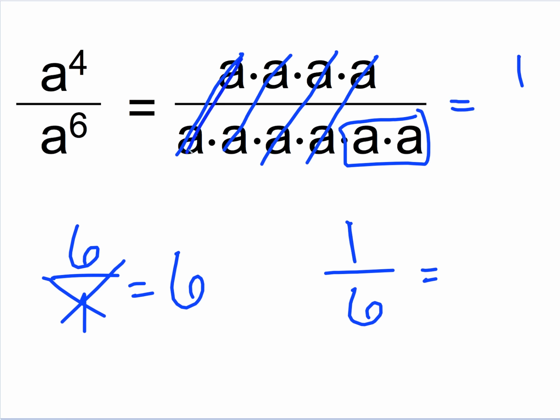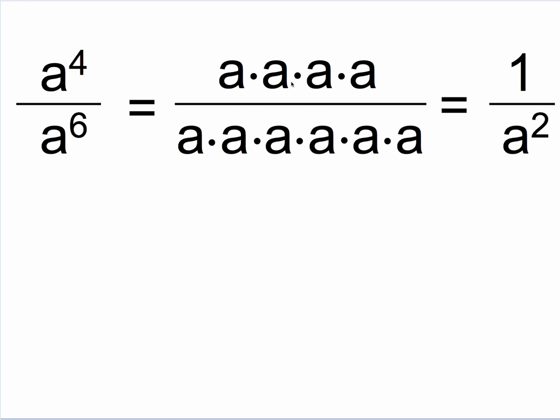Because remember, when these a's canceled, they actually canceled out to both be 1. So 1 times 1 times 1 times 1 would be 1. You have to write that. And then in the denominator, we have a times a, which would be a squared. That is our final answer, because we don't know the value of a, so you cannot simplify that anymore.